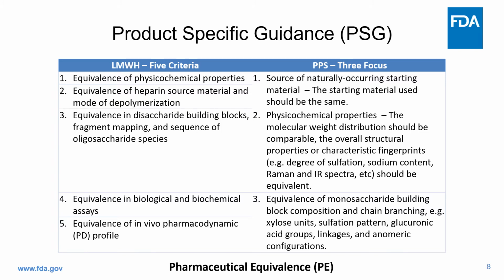The overall structure property or characteristic fingerprints, for example, the degree of sulfation, sodium content, Raman and IR spectra should be equivalent. And third, the equivalence of monosaccharide building block composition and chain branching. For example, the xylose units, sulfation pattern, the glucuronic acid groups, linkages, and anomeric configurations should be shown to be equivalent.